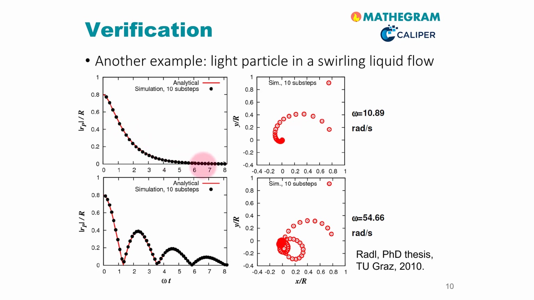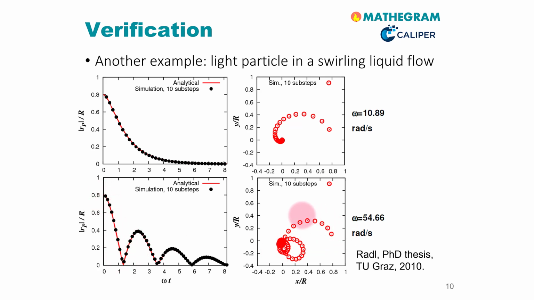If we would look at the trajectory along the axis, so this is the view along the axis of the swirling flow, you will see a behavior like this. So the particle starts here and then rotates and slowly approaches the center axis. However, if the swirling flow is a little bit faster, so approximately 5 times faster, you will see this oscillating behavior.